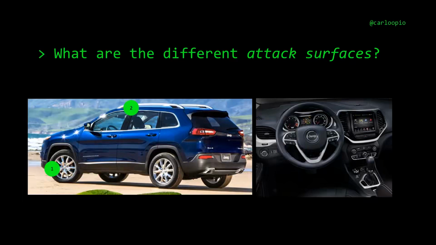So if you're driving next to someone on the highway, you can actually tailgate them and log into that network. And that network is actually connected through the main infotainment system, which is those screens in the center of the car.